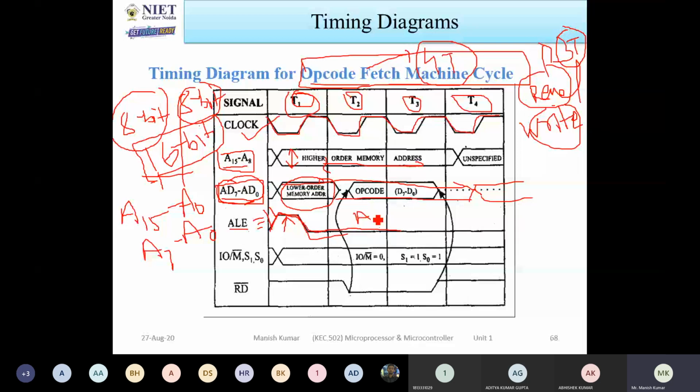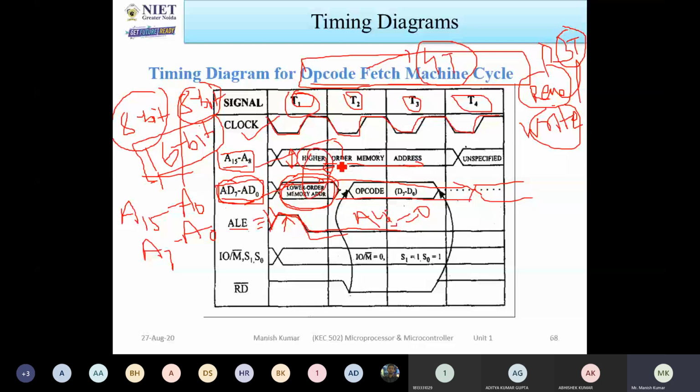So now here the lower order address bus is there, and here the higher order address bus is there. Okay, so higher order address is in this line and lower order address is in this line. So now what you have to do is combine these two, then you can get the full 16-bit address.